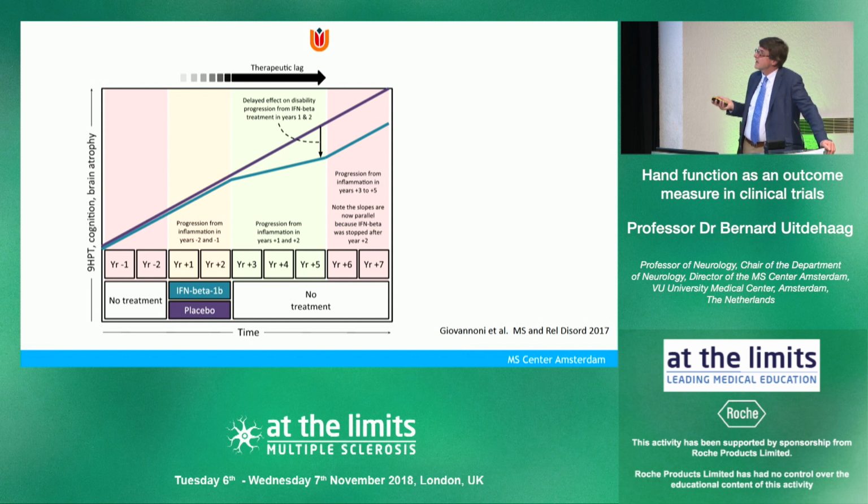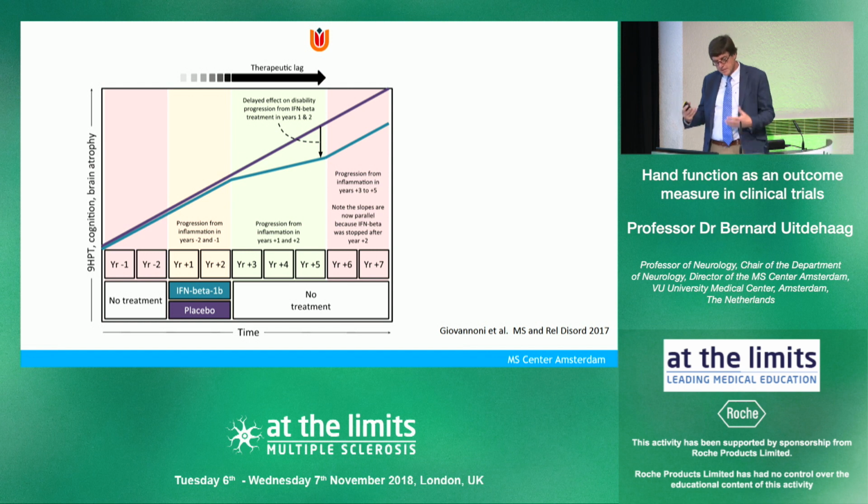It is a possible explanation that in these 2 years on trial, there's something happening in the central nervous system that changed the progression for the upper limb over time, and at the end of these 5 years, you do find the difference between the two arms. So although it's only a 2-year active treatment trial, there is a substantial difference after 5 years. So maybe something happened in the period of the treatment.